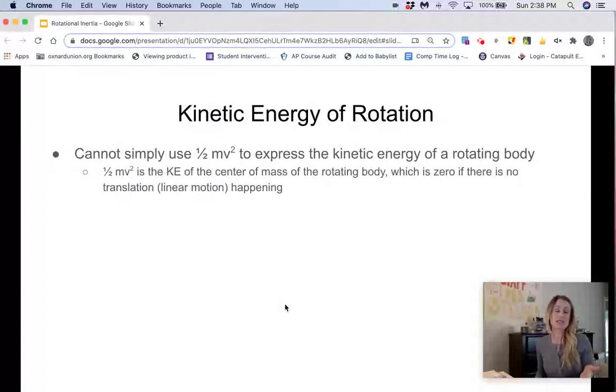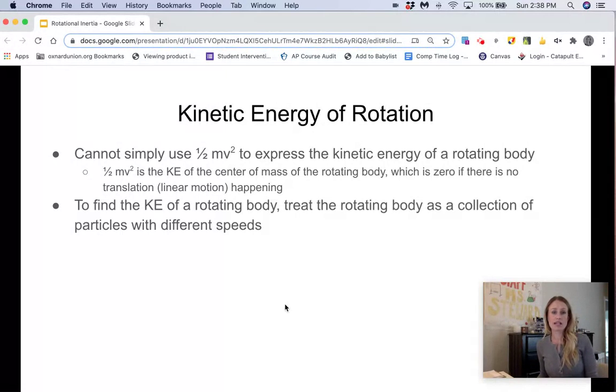The reason for this is that 1/2 mv squared is the kinetic energy of the center of mass of a body, which, if that body is just rotating and not moving from one spot to another, which we call translating, is 0. Therefore there's no translational kinetic energy. So we have to use a different equation for this.